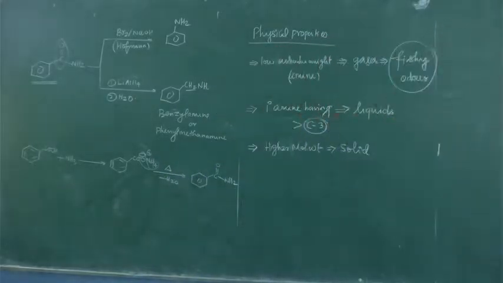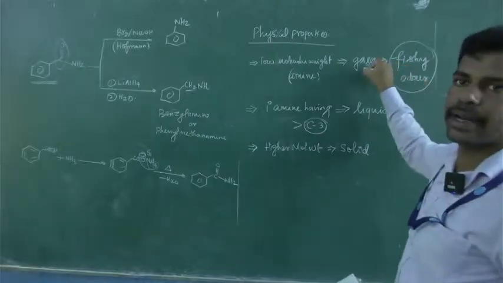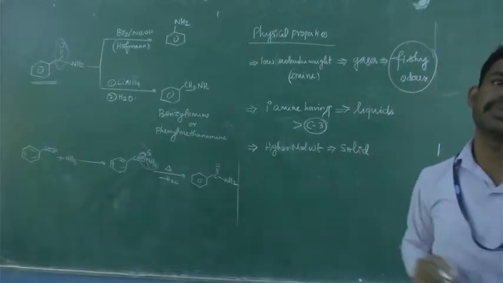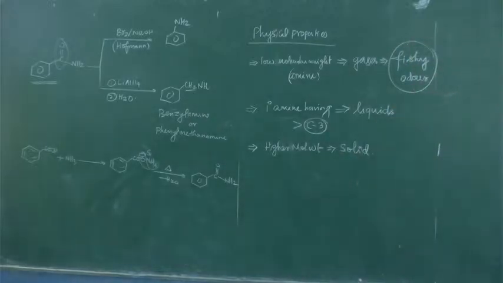Amines having lower molecular mass are going to be gases. Above 3 carbons, that is 3, 4, 5, 6, they will be liquid. If you go for the higher molecular weight, it's going to be a solid. For the lower molecular weight, we say fishy odor. It's a very important example. Is it clear?